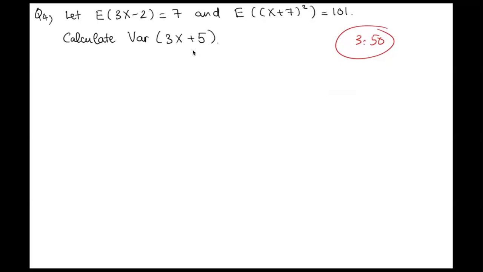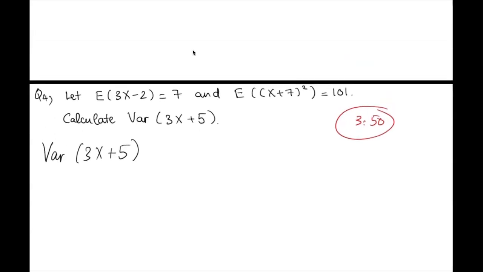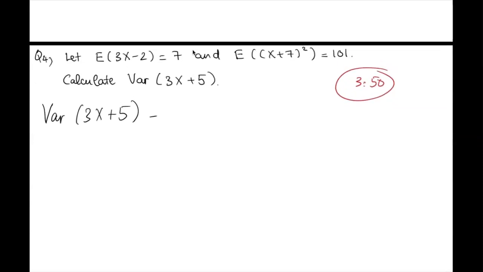Okay, so if we use the formula, variance of some random variable like 3x plus 5 would just be equal to 3 squared multiplied with variance of x, which is 9 times variance of x.